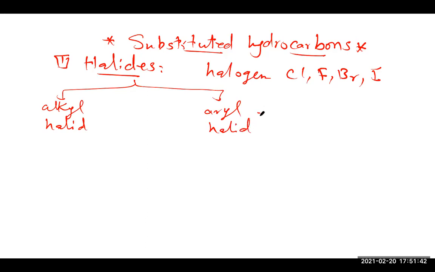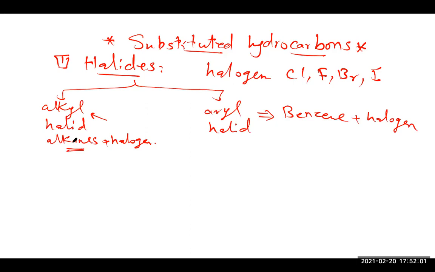Don't care about names. Aryl halides would contain a benzene with halogen, but here it will have a chain like alkanes with halogen. So here we will have alkanes or maybe alkynes or alkenes, but there we will have a benzene with halogen.